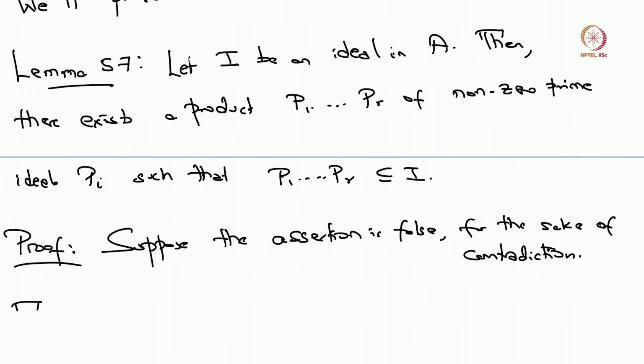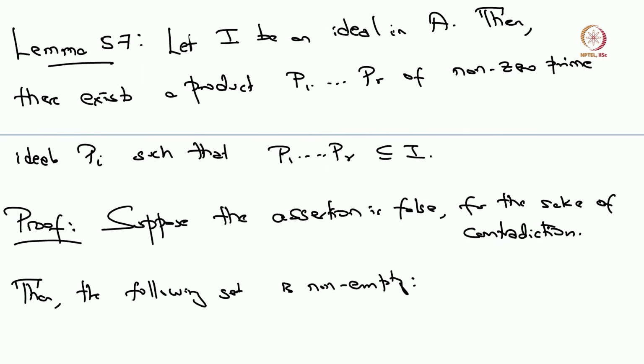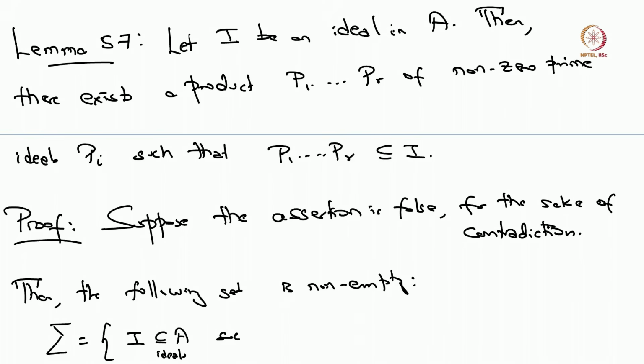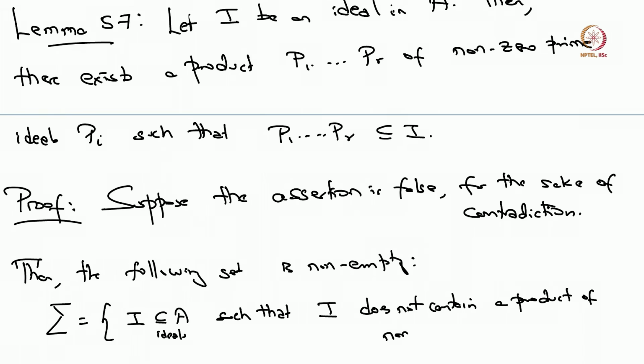What does that mean? Then the following set is non-empty. There must be some ideals inside A so that I does not contain a product of non-zero prime ideals. So this assertion must be false for at least some ideal.